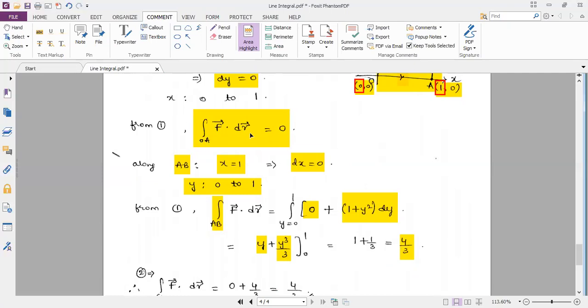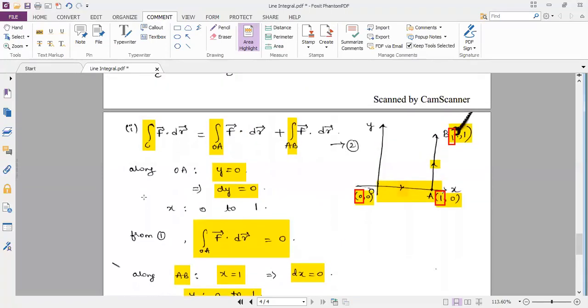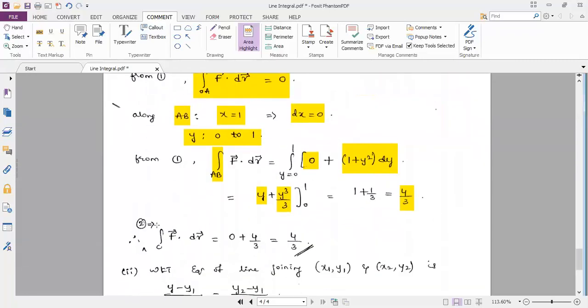Both these values we substitute into equation 2, because over the given curve C it is split into two integrals over OA and over AB. So the integral over C of f dot dr is equal to 0 plus 4 by 3, which is 4 by 3.